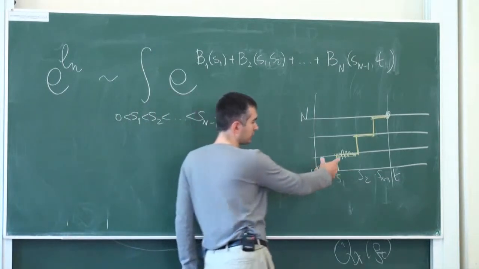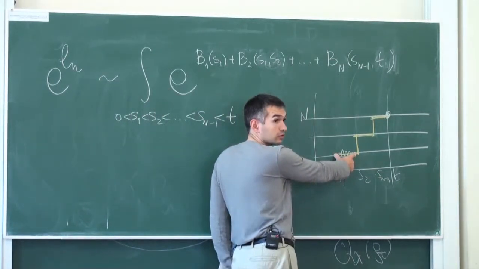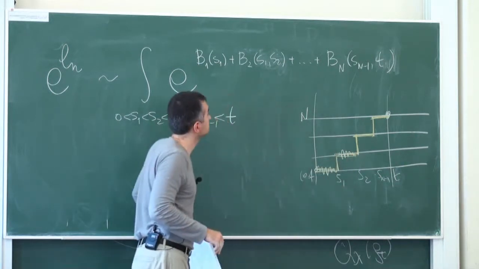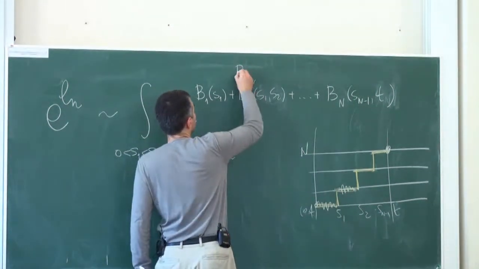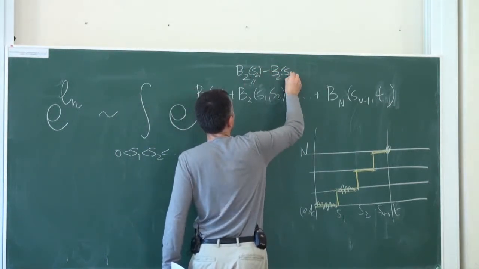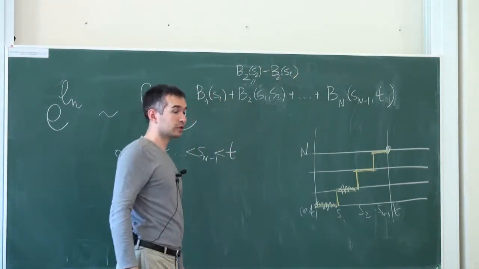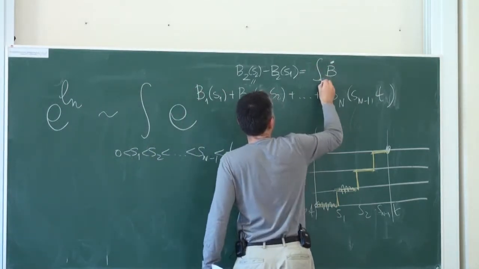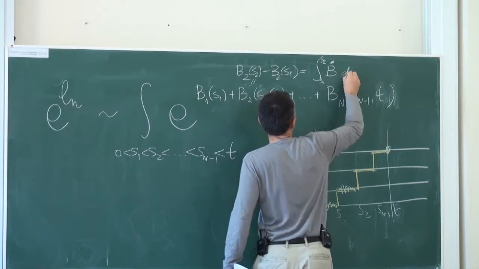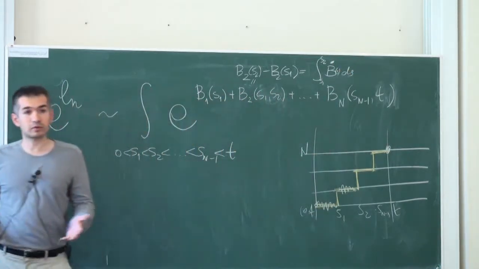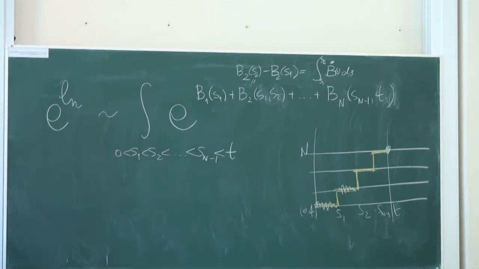What I do, I take the increment of that Brownian motion over the segment that I take on the paths. Right? So this here is the Brownian motion number 2 at the point S2 minus the Brownian motion at the point S1. Or if you prefer, you can write it as the integral of the derivative of the Brownian motion, which is white noise.